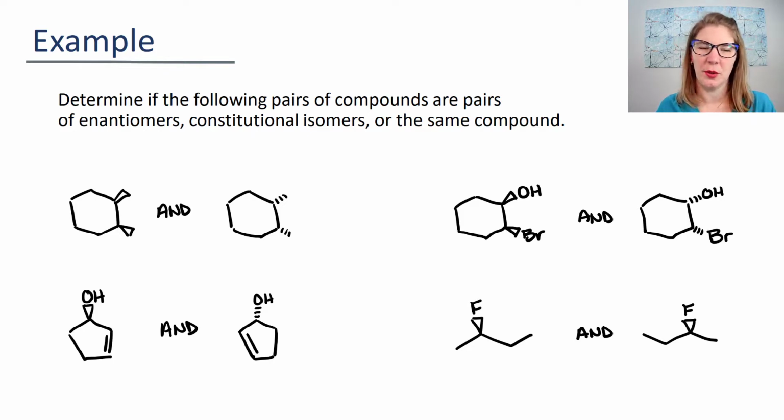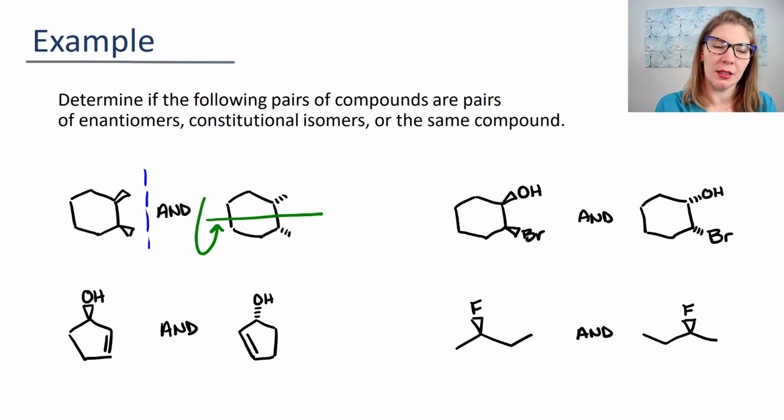All right, let's look at the first one. For the first one, what we're seeing is somebody drew a mirror here and they generated the other compound. When you do that, you just need to double check to make sure that those two compounds aren't the same that you've drawn. And the way that you're going to do that is pick one of the compounds, and I'm going to take this one and I'm going to rotate it along that green line.